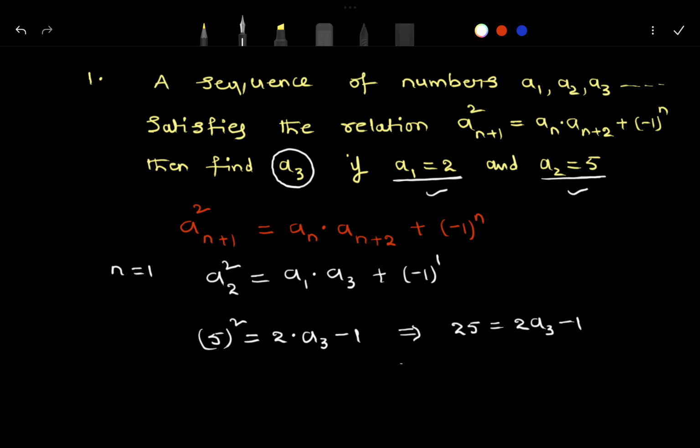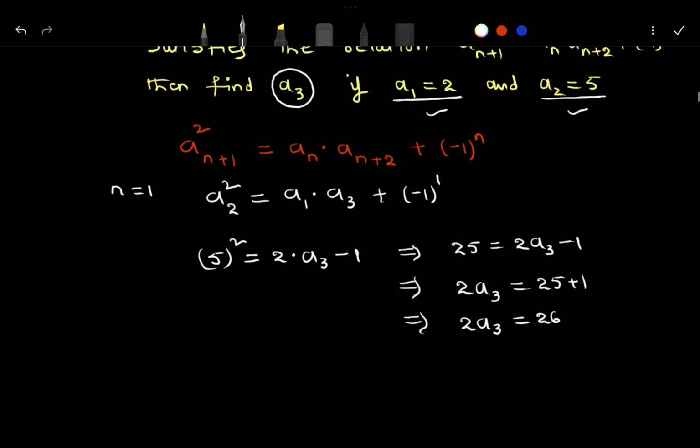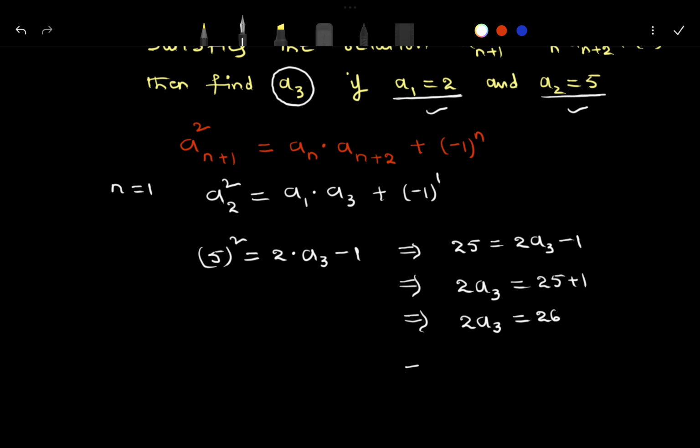Taking the minus 1 to the left hand side, that becomes 2 into a3 is equal to 25 plus 1. This value will be equal to 26. So here 2 into a3 is equal to 26. Now dividing by 2 on both sides, we will get a3 is equal to 26 by 2.